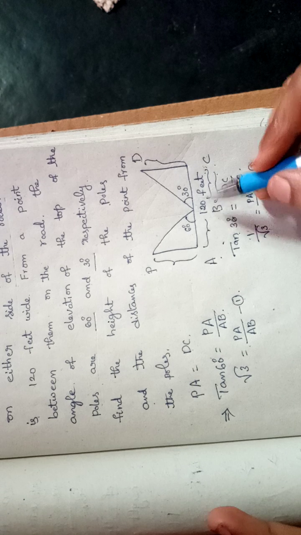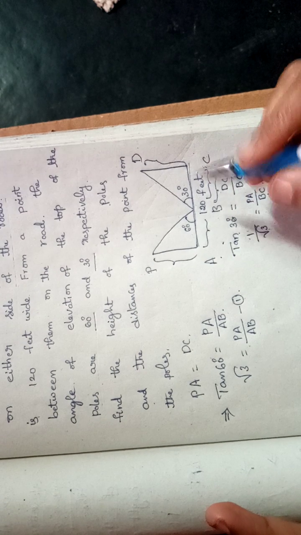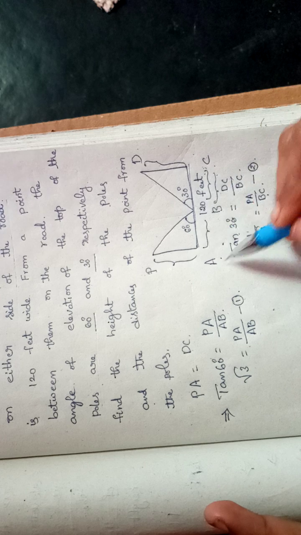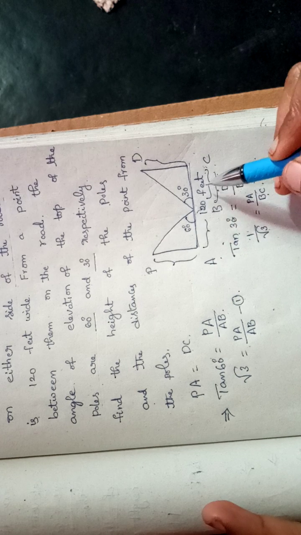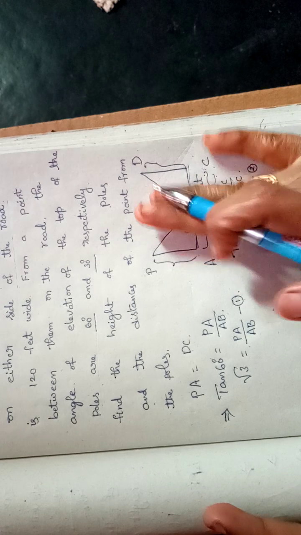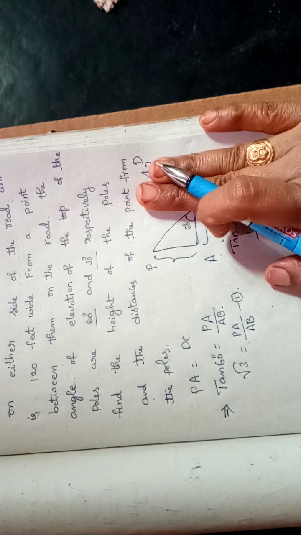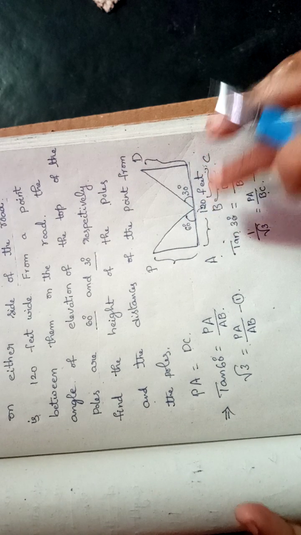For that, the total length is 120 feet. So if we want to find AB, how can we get it? We can get it by 120 feet minus BC. By removing BC from the 120 feet, we get AB.